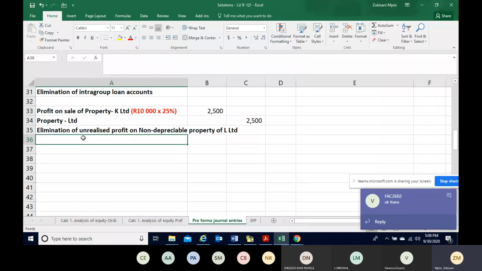Because I'm trying to also pick up this on learning unit 7, where we started to introduce the issue of property that is held within the same group, to try and pick up that trend.